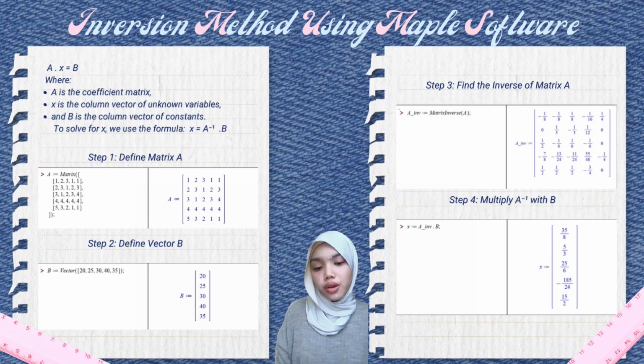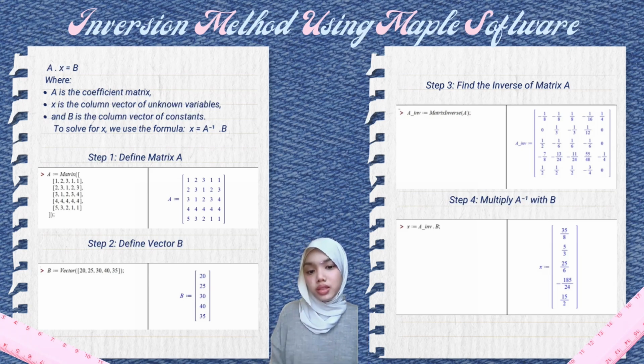To solve for x, we use the formula x equals A inverse multiplied by b. This method works only if matrix A is invertible, which means its determinant is not equal to 0.